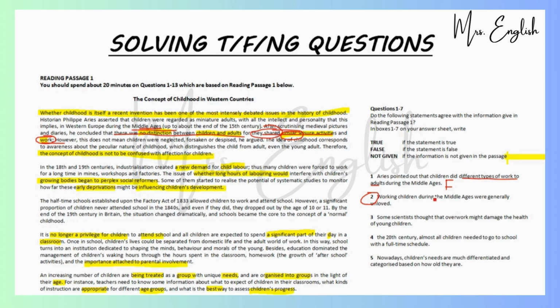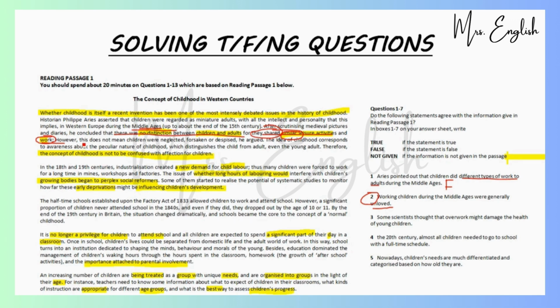Okay. Now, let's look at question number 2. Working children during the Middle Ages were generally unloved. Is it true? Is this false? Or is it not given? Let's search for it. So, the Middle Ages were mentioned in this paragraph as well.